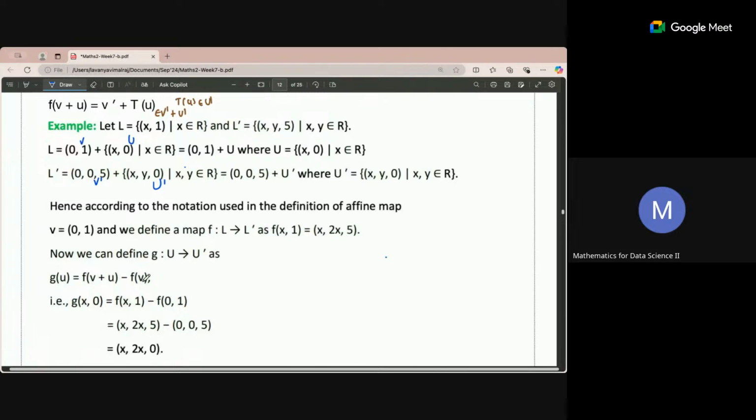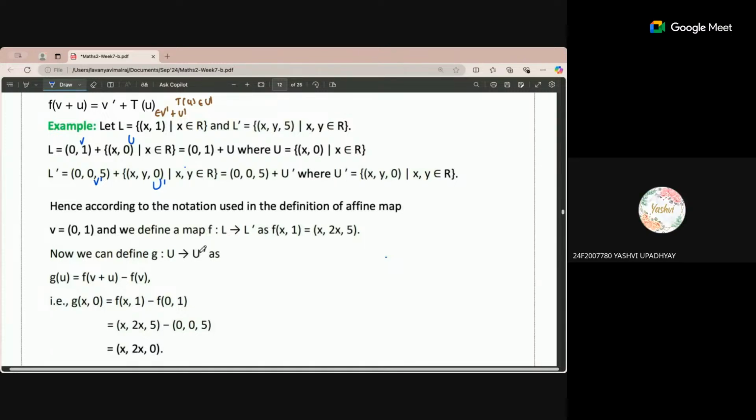And what is v? v is 0 comma 1, and f of x comma 1 is x comma 2x comma 5 and f of 0 comma 1 is 0 comma 0 comma 5. So you are getting x comma 2x comma 0. So g of x comma 0 is x comma 2x comma 0. So is this defining a linear transformation from U to U dash?